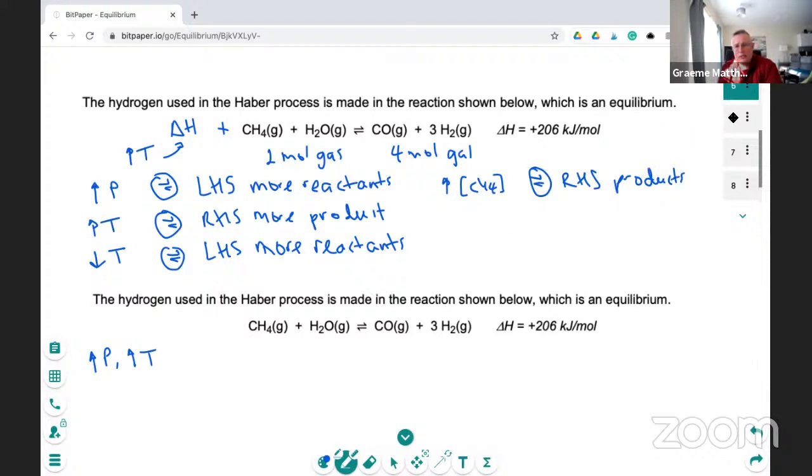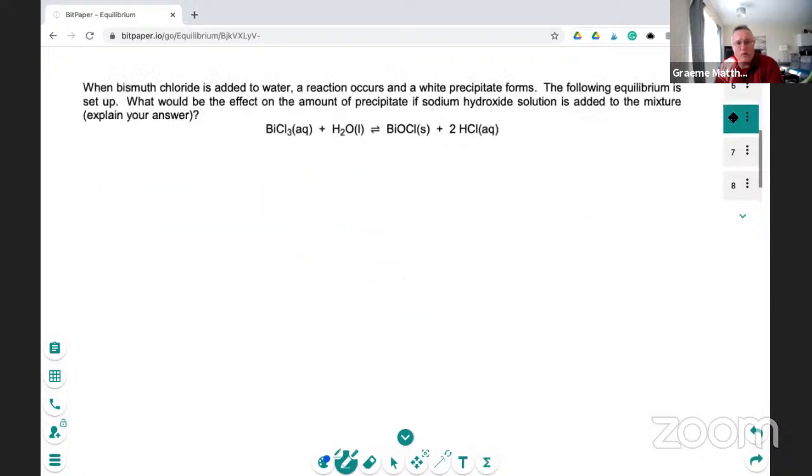Now this one, I picked in chemistry because it is a bit tricky. This one says when bismuth chloride is added to water, a reaction occurs and a white precipitate forms.